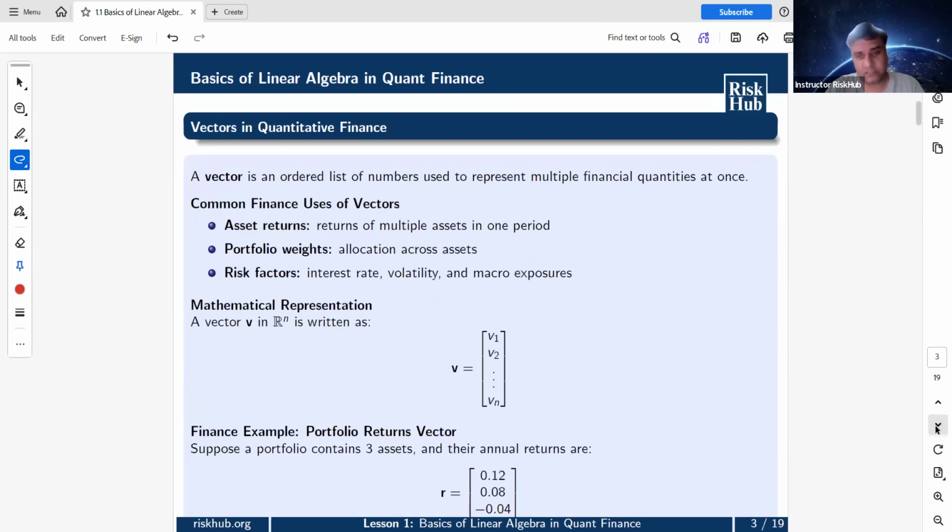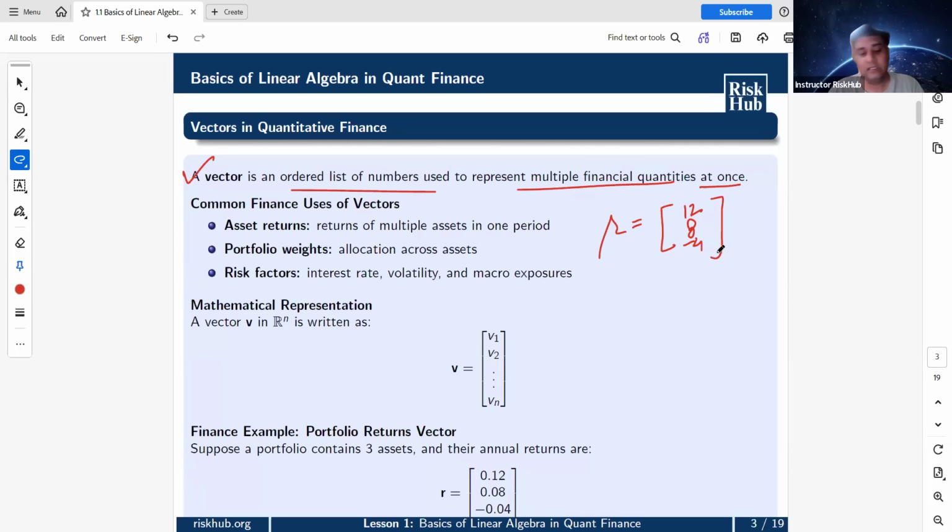When you talk about vectors in quant finance, please understand very clearly what a vector is. A vector is an ordered list of numbers used to represent multiple financial quantities at once. It can be written like this. Just for example, I am taking the returns as 12, 8, minus 4.